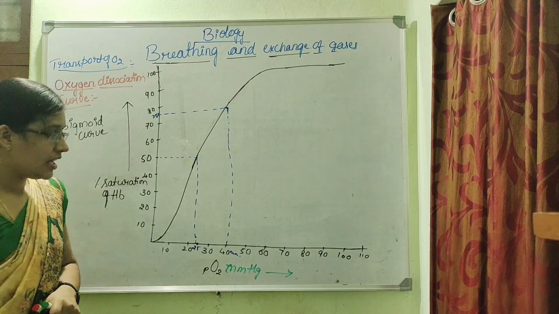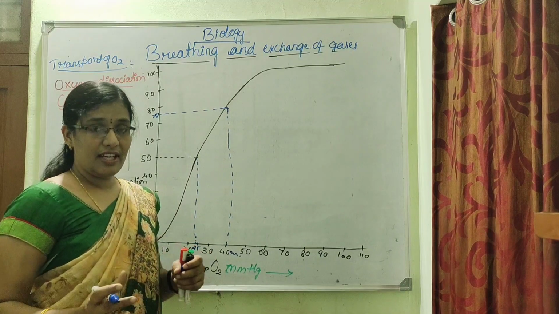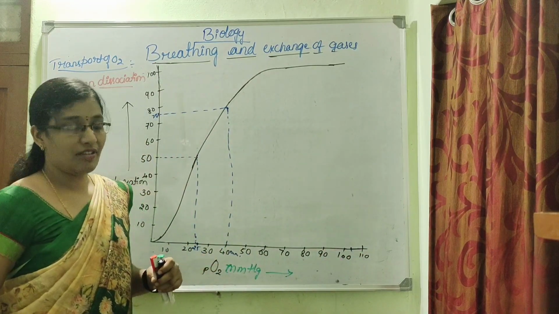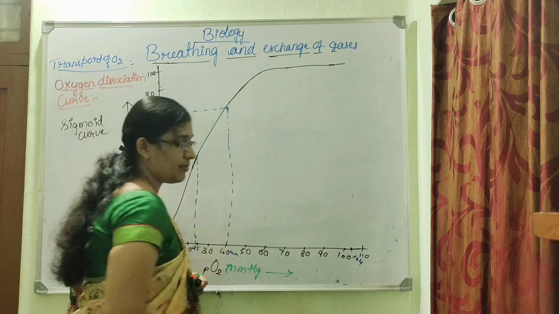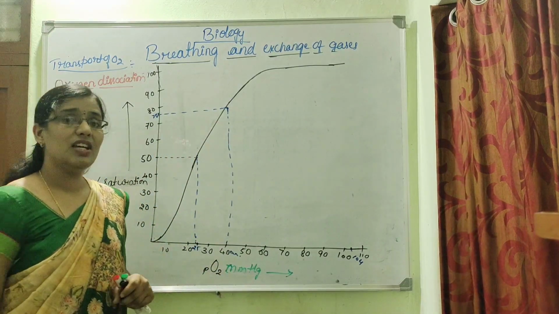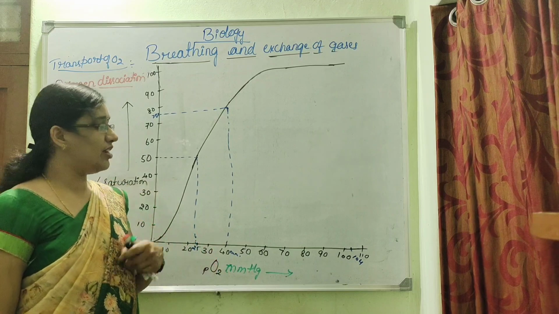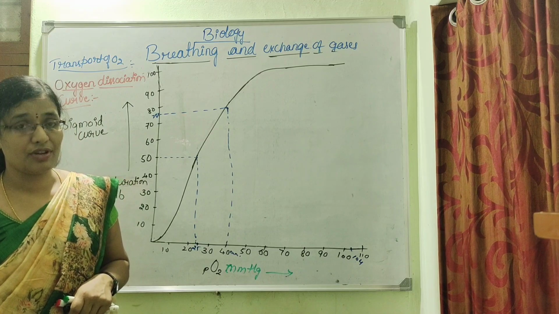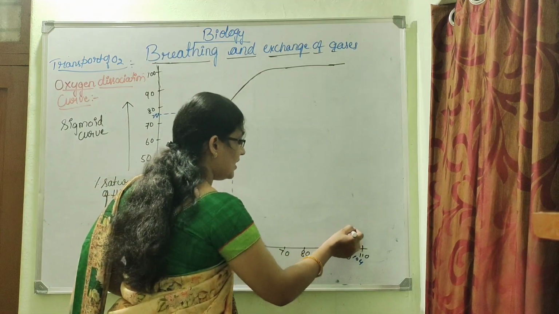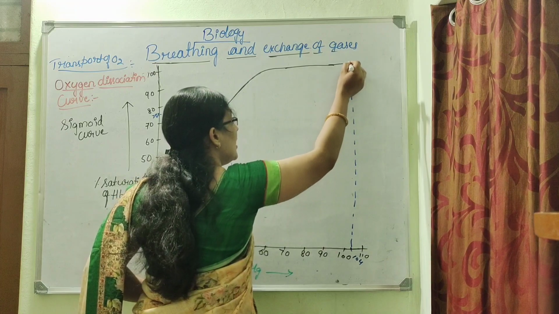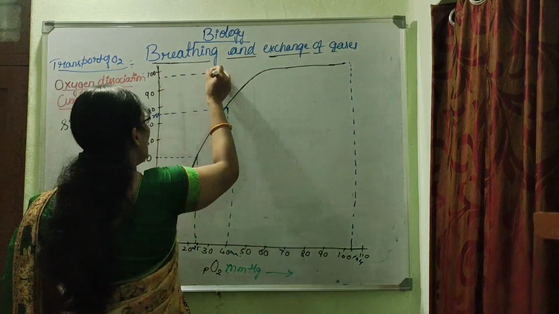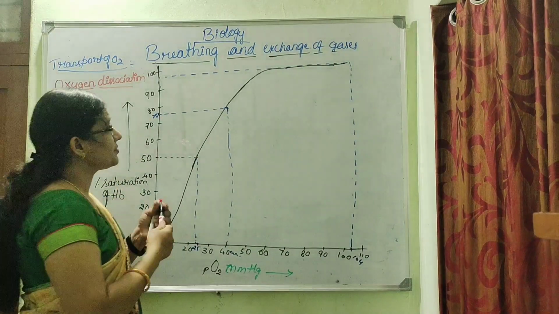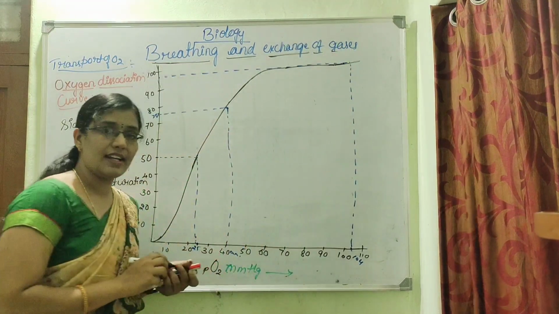And for instance, when we take the alveoli, what is the partial pressure of oxygen inside the alveoli? It is 104 mmHg. So when there is 104 mmHg partial pressure of oxygen, the percentage saturation of hemoglobin will be around 95 to 97%.